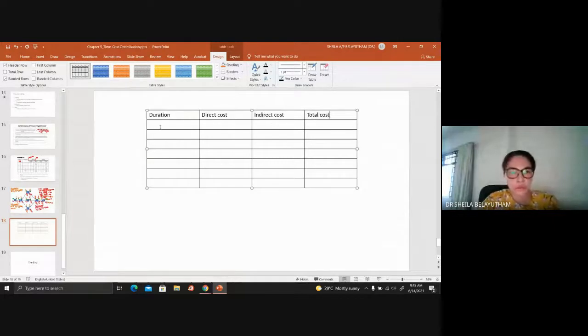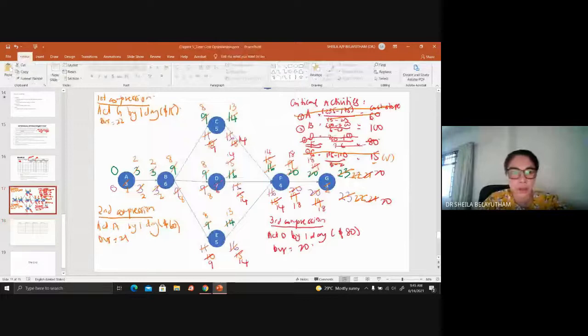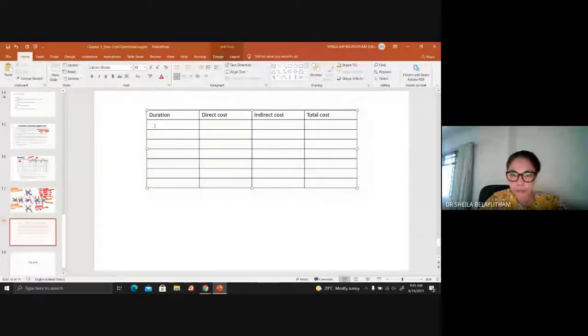Okay, so start from the original duration, we have 23, and then you cut down to 22, and then you cut down to 21, and you cut down to 20. Okay, so try to calculate the direct cost for each of the activities.